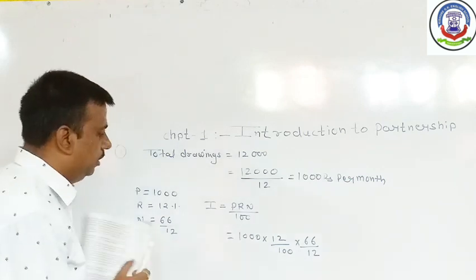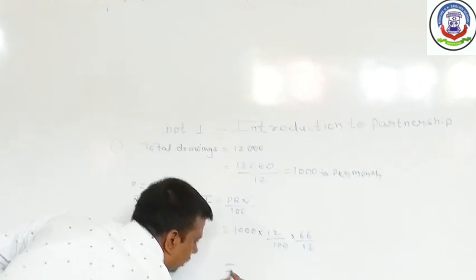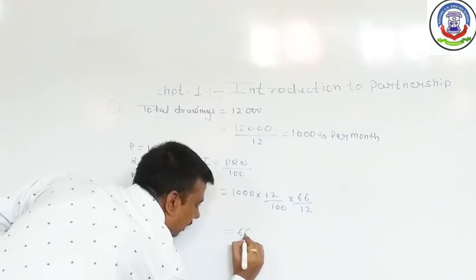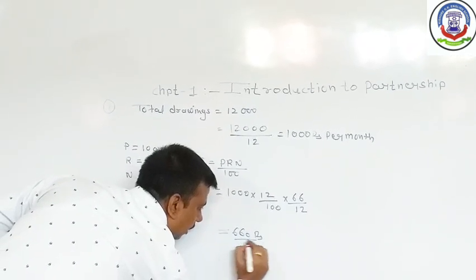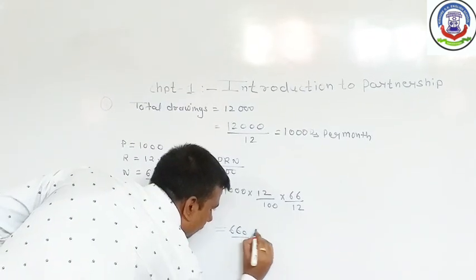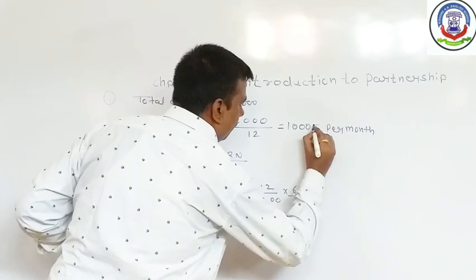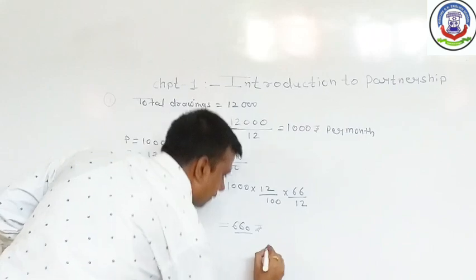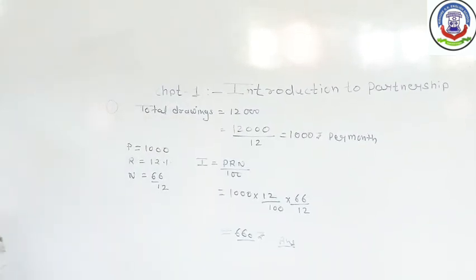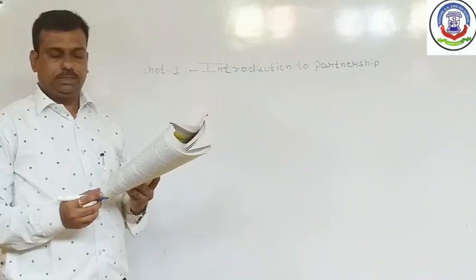After doing the calculation, we get the total interest on drawings of rupees 660. This is the answer to the first short sum. Okay, next question, the second sum.